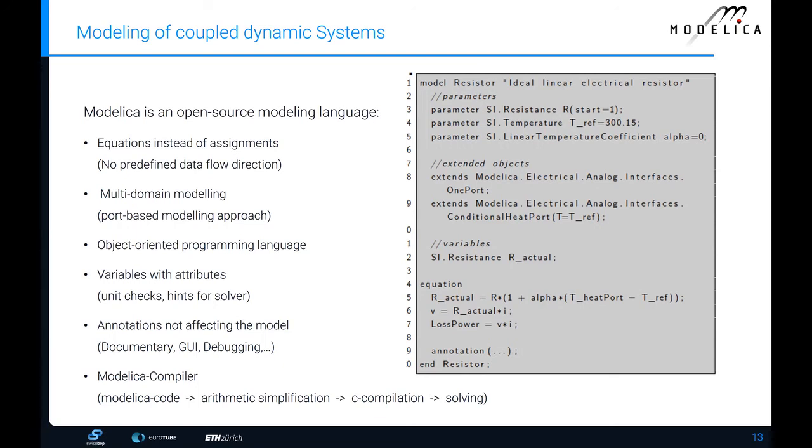You just have to connect the ports the other way, and therefore the Modelica compiler will compile the whole model in a different way, and your output is completely different, but you're using the same model, and the model describes the same component.